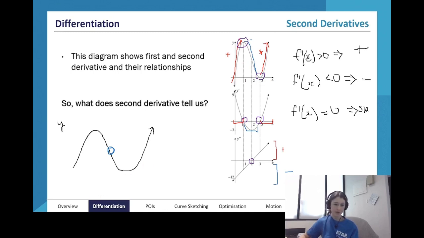So, as I said, the concavity tells us about whether the gradient is increasing or decreasing. So, in this section here, the gradient is decreasing. So even though in this little part, in this part here, the gradient is positive, the gradient itself is decreasing. So the gradient is getting smaller and smaller. It's getting less and less positive.